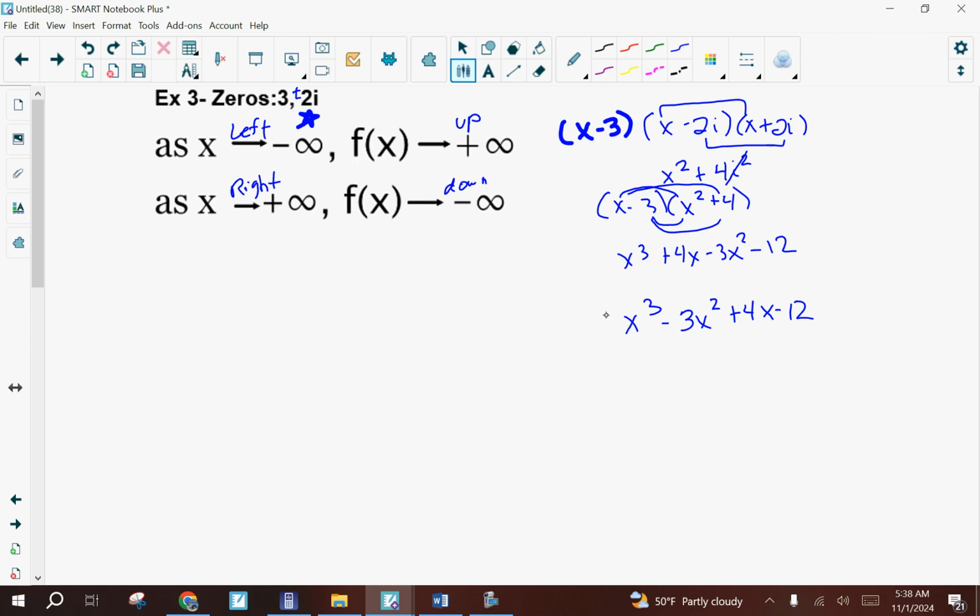Now the one that we have right now has a positive in front, so positive and odd means left side down, right side up. So these instructions up here are telling us to flip the end behavior. So that means we have to put the whole thing in parentheses and then just put a minus in front, and then that's our answer.